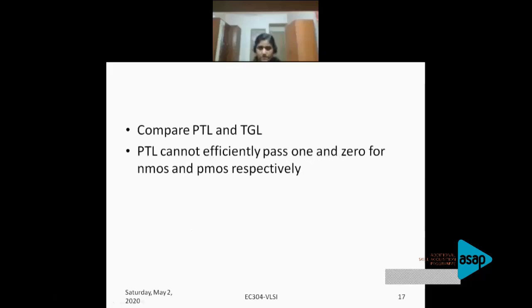So that is a major disadvantage. But since a transmission gate has both NMOS and PMOS in parallel, there is no issue like that here. So it can pass 1 and 0 effectively. So that is the most important advantage compared to PTL for a transmission gate. So that is the first comparison.